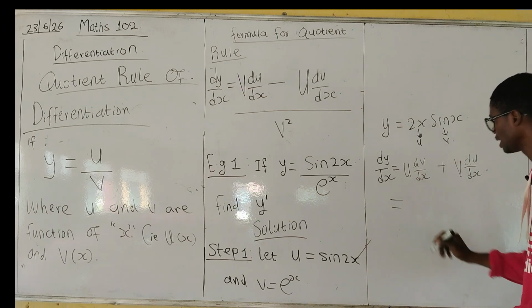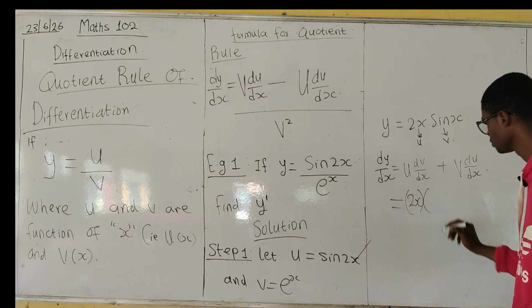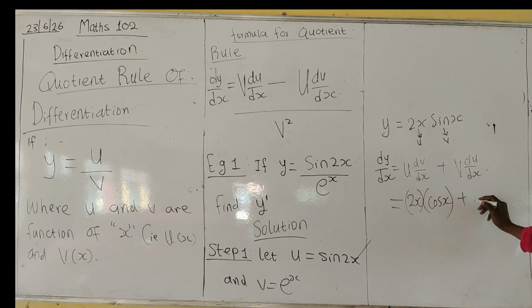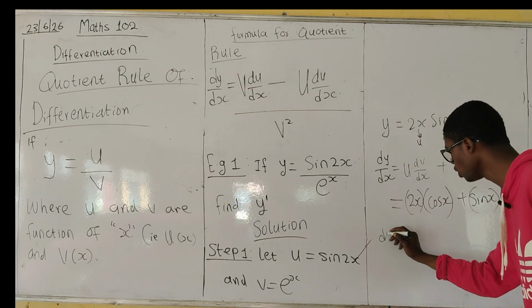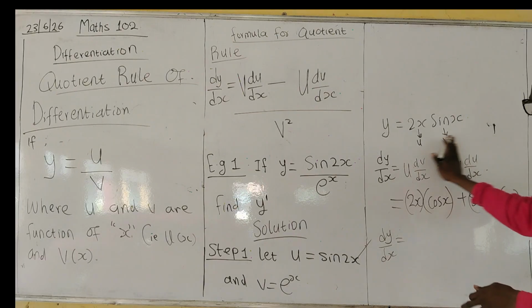If we implement that, what is u? 2x multiplied by cos x, plus, what is v? sin x multiplied by 2. Are we right?